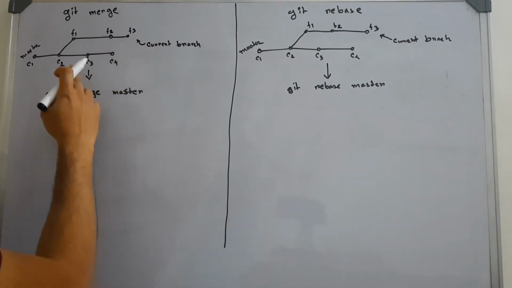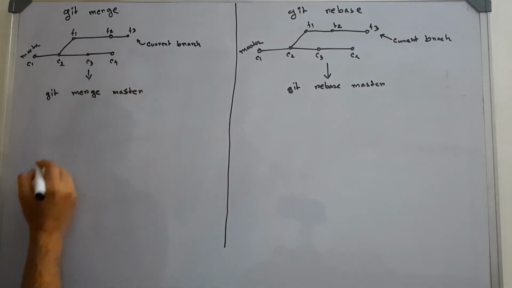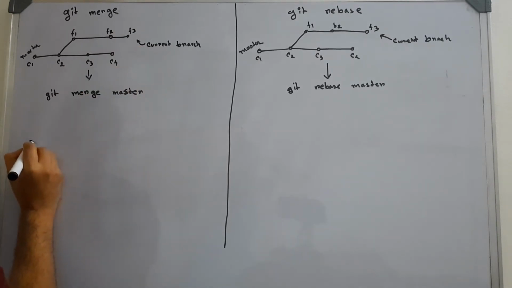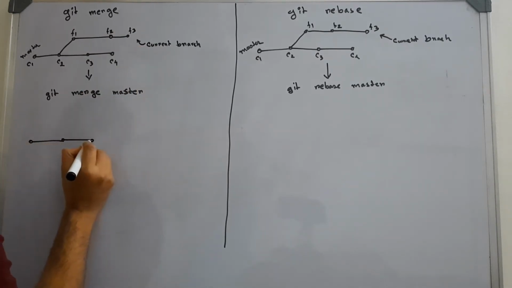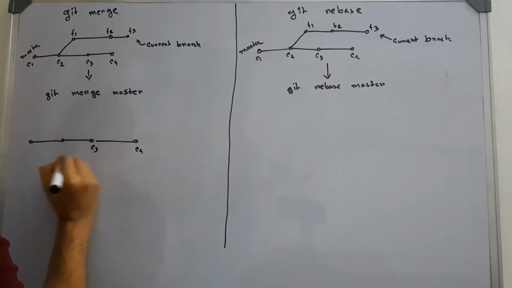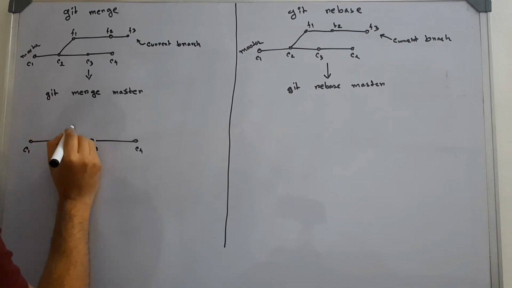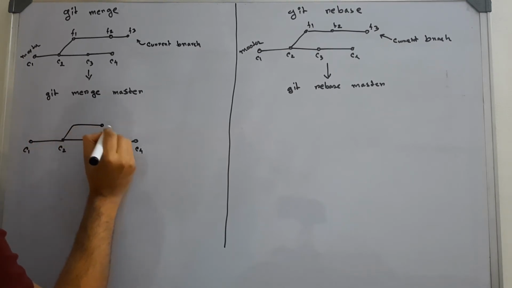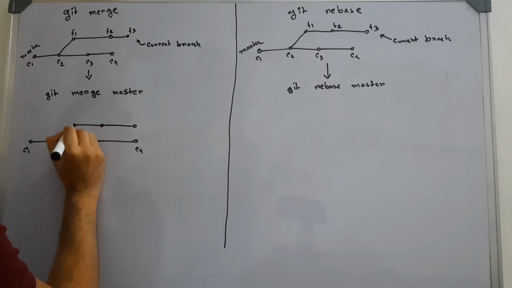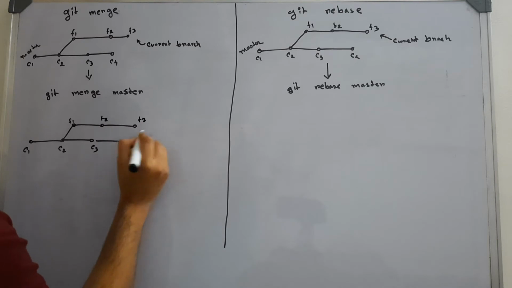Now if we execute the command git merge master from the current branch, which is the feature branch, what will the structure be?